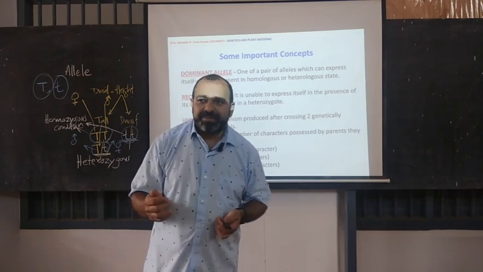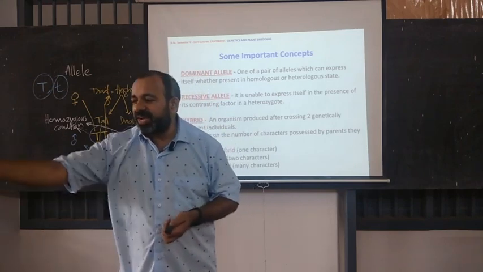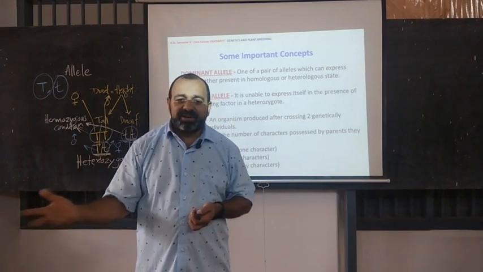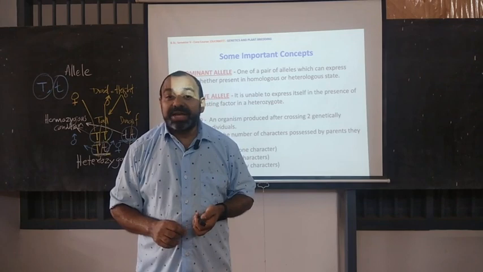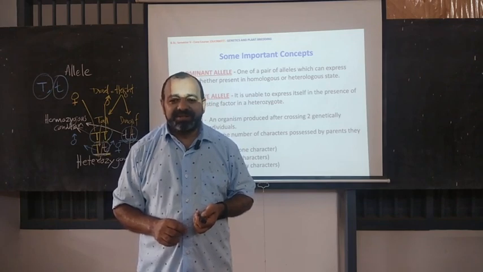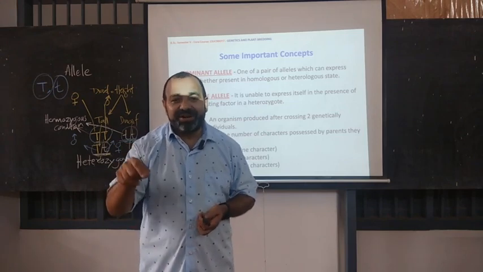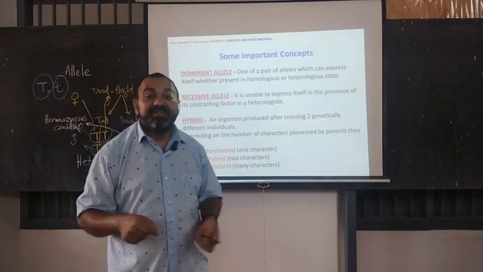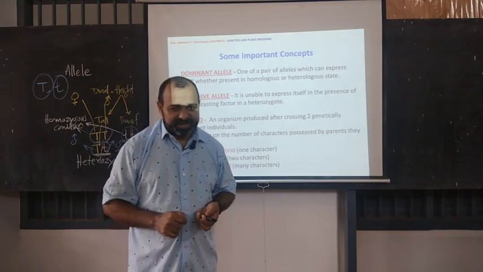If you cut a hibiscus plant or a rose plant and plant it in your garden, and you have produced 10 rose plants or hibiscus plants, they cannot be called hybrids, because they are not produced as a result of crossing two genetically different individuals or cross-pollination.